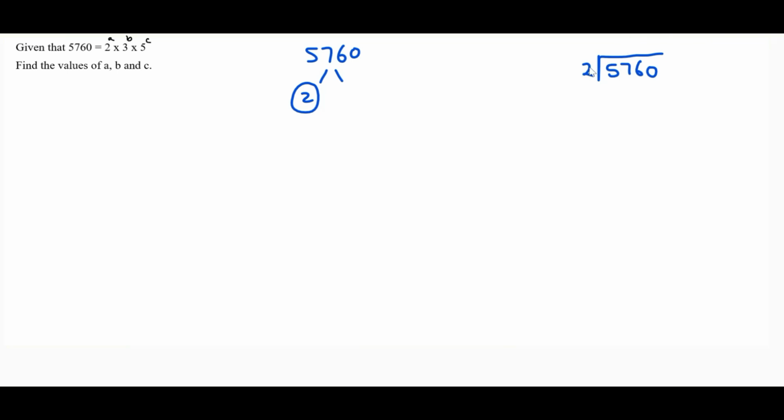It's going to do quick division. 2 into 5 is 2, 1 remainder. 1 remainder. And a 0.